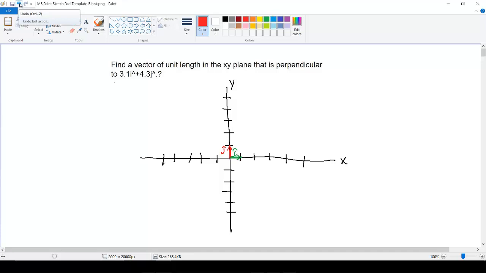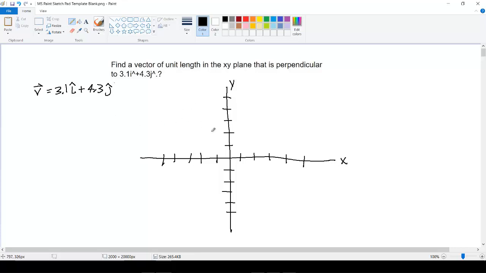So let's call this our vector v is equal to 3.1 i hat plus 4.3 j hat.